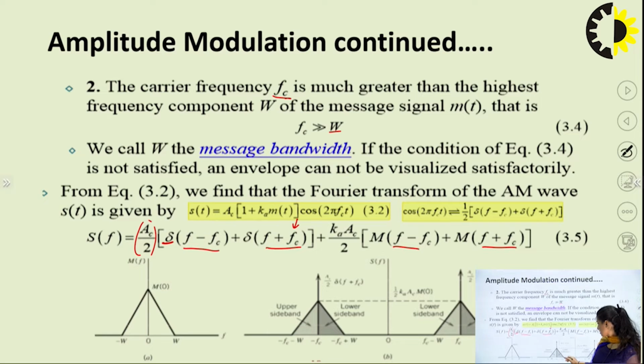This is after modulation: lower sideband and upper sideband. This is the positive half of my wave and this shows the negative half. If I want to show it in the time domain, basically we are talking about this positive half and this negative half, right?